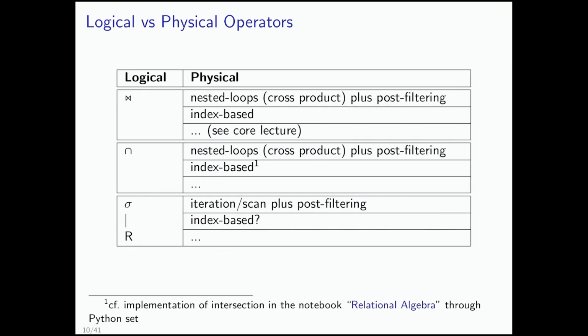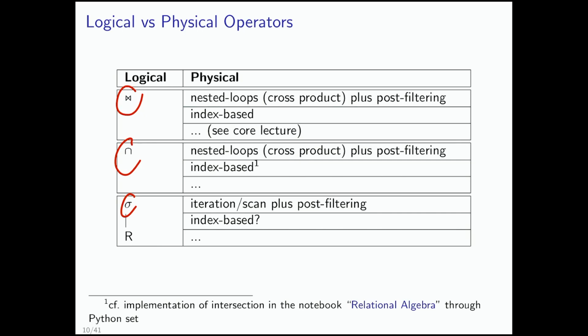This distinction is called logical versus physical operators. Again, logical is these weird symbols, bow tie, set semantics, sigma, stuff like that. That's purely logical, not saying how something is computed.